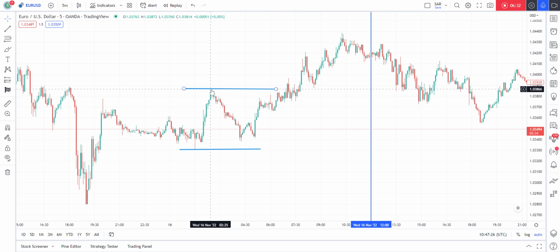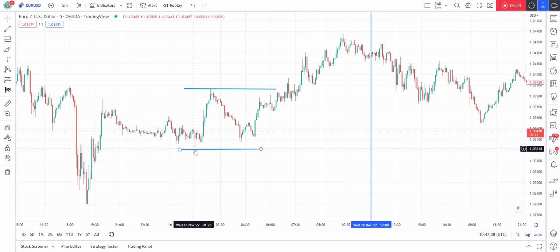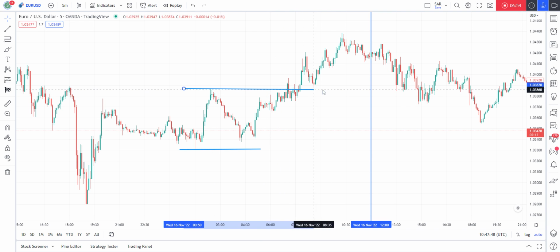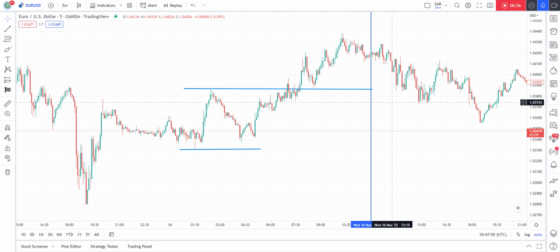Euro dollar here, well, you put 1 o'clock. This is the difference, but it needs to be the high and low range. So although 1 o'clock starts here, it makes another low. So we'll put the trend line here, and then when does it say it's 2:30? And this is the high of it. So this would be the trade.